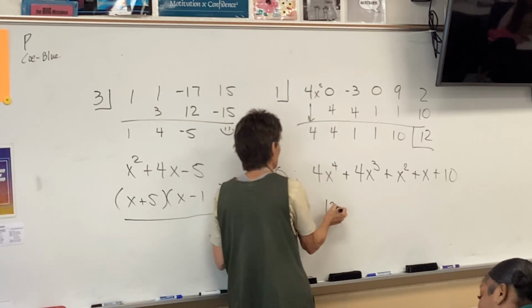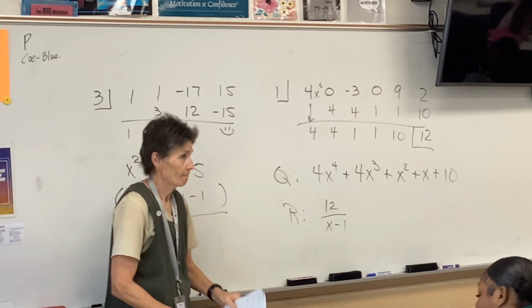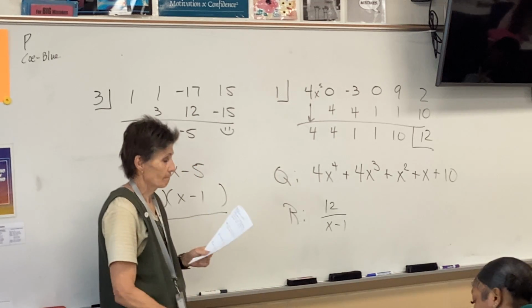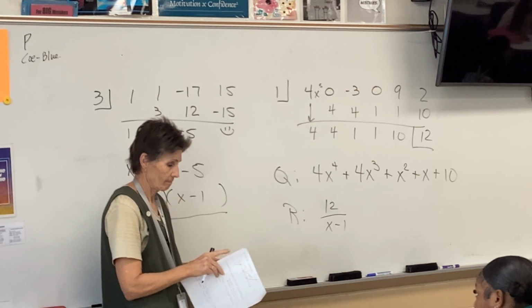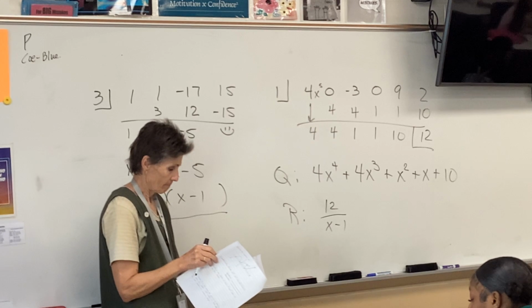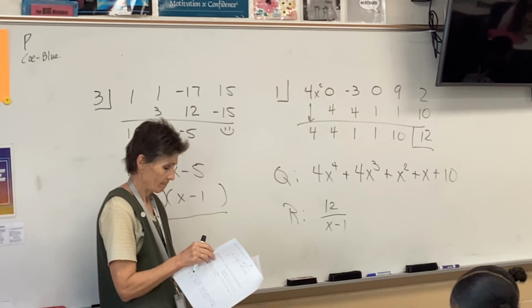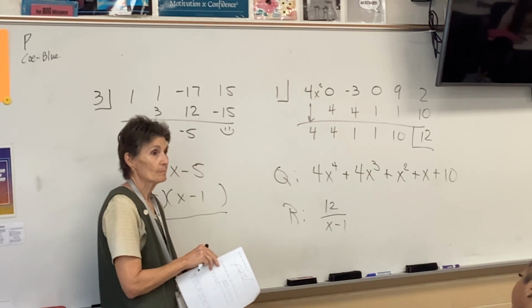And then my remainder is 12 over x minus 1. Okay, is that all right?